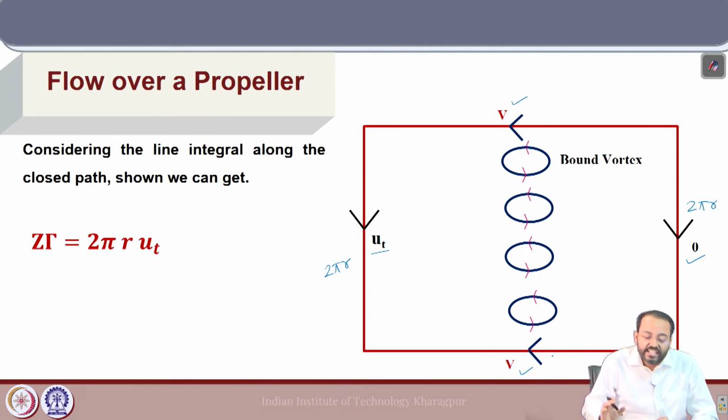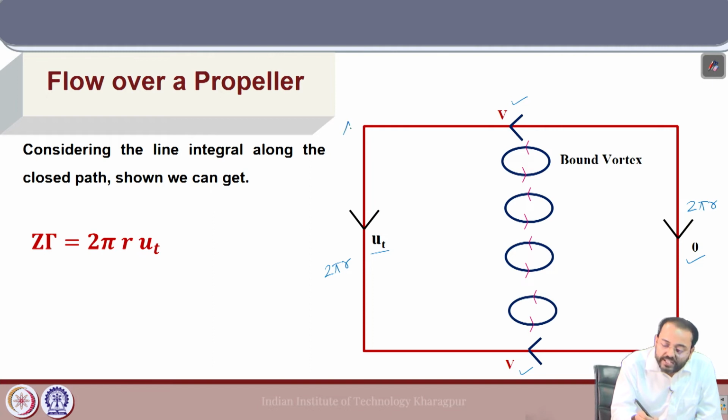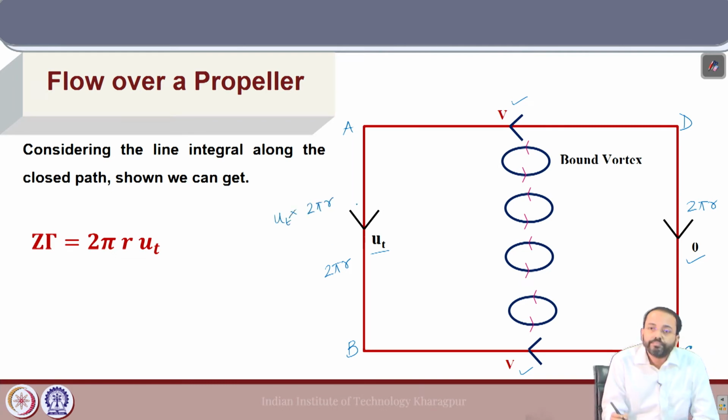What is the line integral? If we start from any point A, B, C, D, from A to B, the line integral will be ut into 2 pi r.